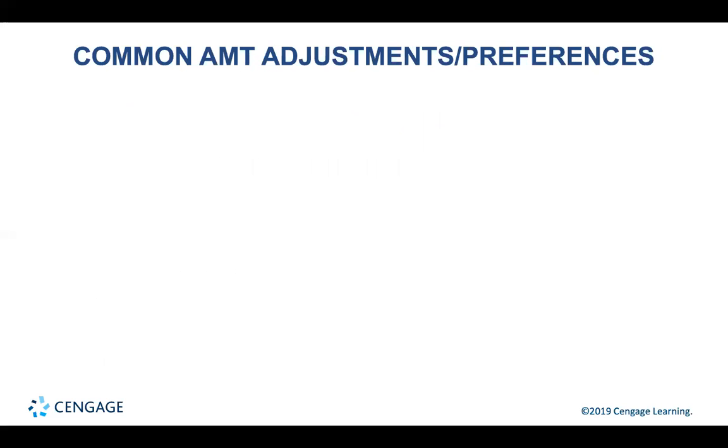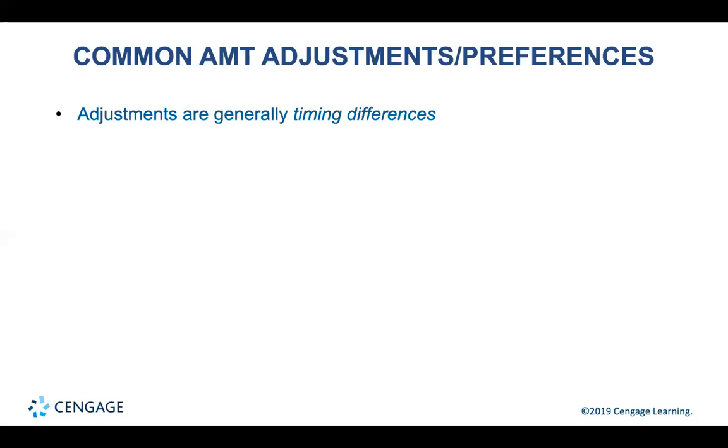So what do I mean when I say adjustments and preferences? Adjustments are simply timing differences because they arise in differences in regular and AMT calculations. For example, depreciation. We don't discuss depreciation in this course, but since you've had 120, you're familiar with depreciation.